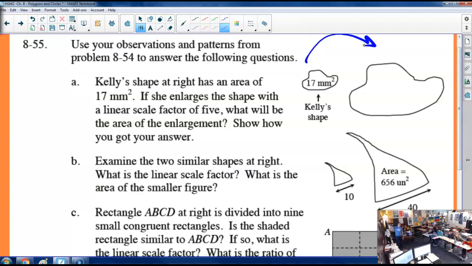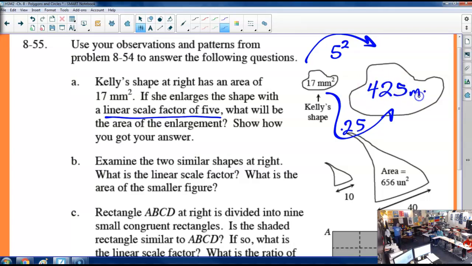It's going to be times 25. Because if the linear scale factor is 5, the area scale factor is times 25, and that will be a little under 500. So I wrote 17 times 5 squared, which is about 425.